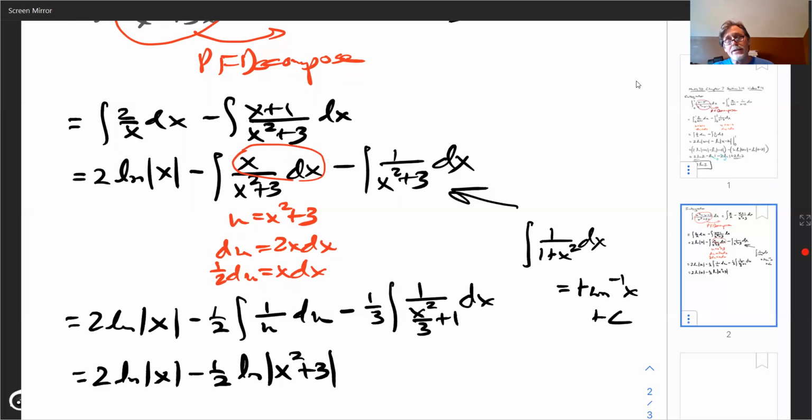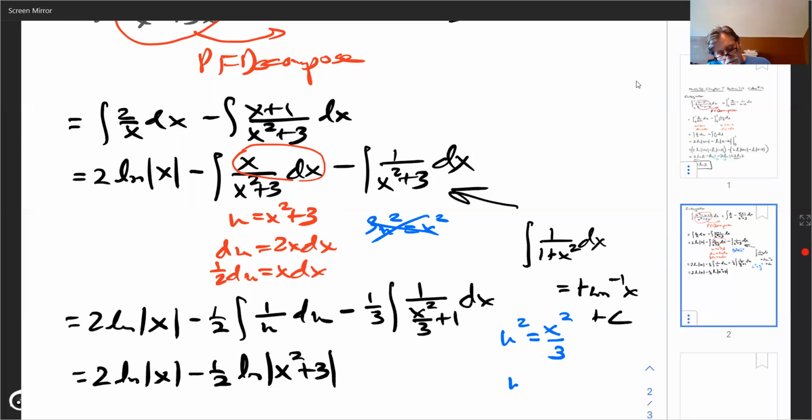Now, what I could have done is, you know, sometimes I forget what I already know. I just could have said let 3 u squared become x squared and factor the 3 out more easily maybe, but I didn't do that. So now I have to let u squared equal x squared over 3.